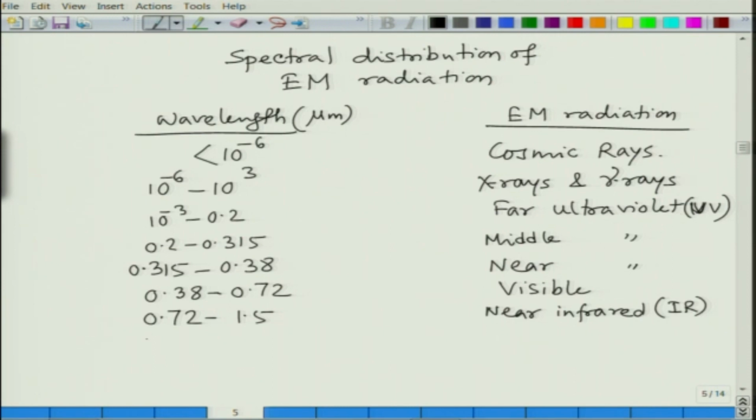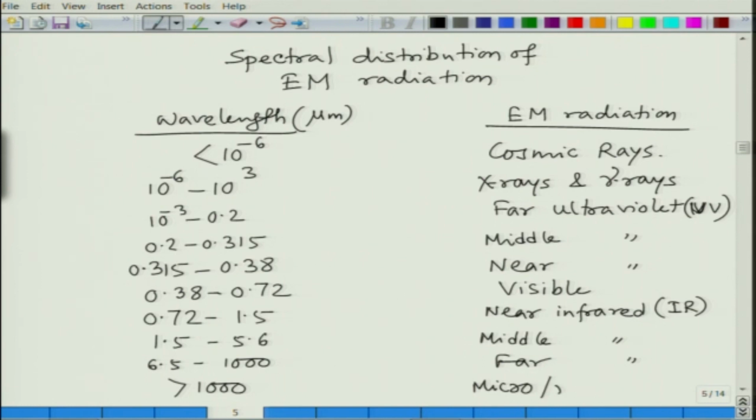Beyond which we have middle infrared and far infrared, and when the wavelength is very long we call it microwave or radio wave.